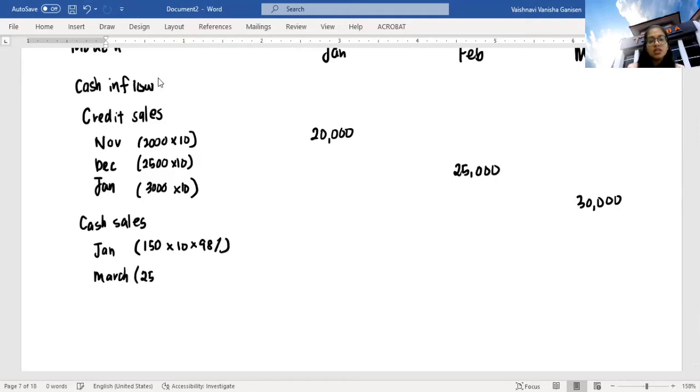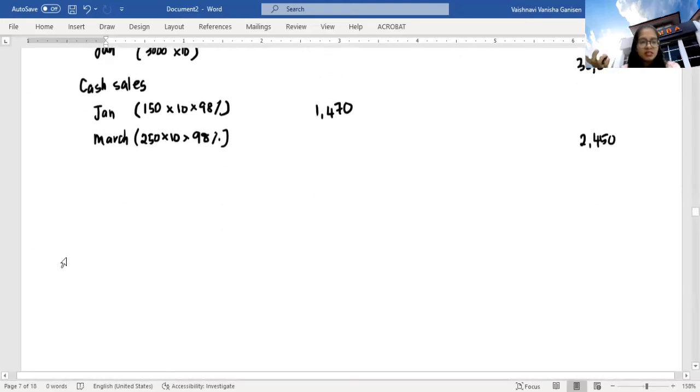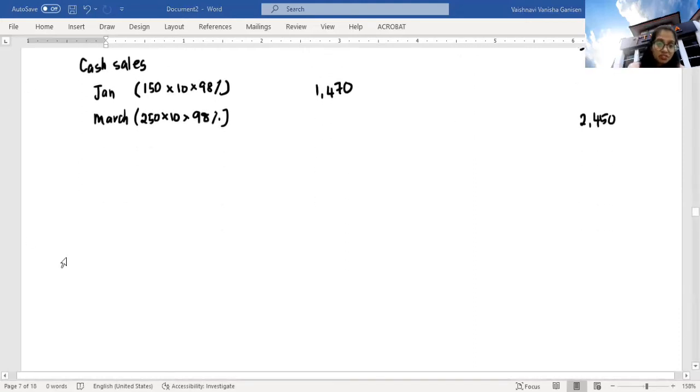In March, 250 multiplied by 10, again 2% discount, multiplied by 98%. 150 multiplied by 10 by 0.98 is 1,470. 250 multiplied by 10 by 0.98 is 2,450.